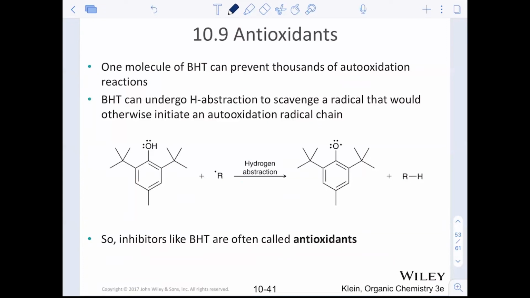So BHT can undergo a hydrogen abstraction to scavenge the radical that would otherwise initiate autooxidation. And so that's why we often call these preservatives antioxidants, because they are preventing the autooxidation that normally happens with molecules when it's exposed to air.